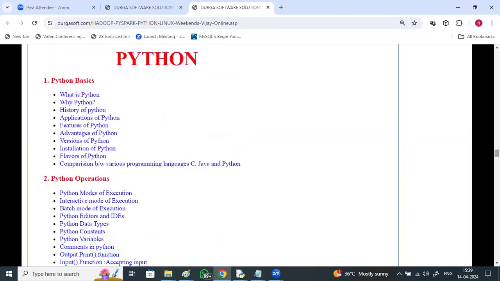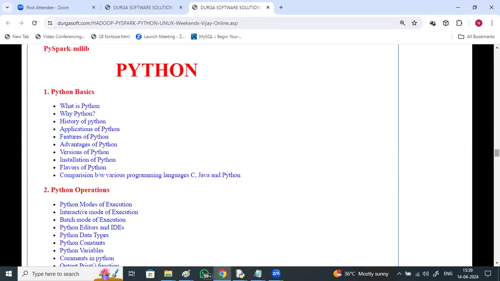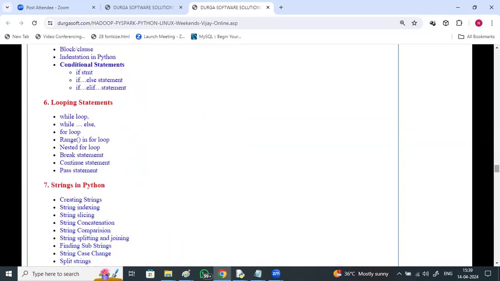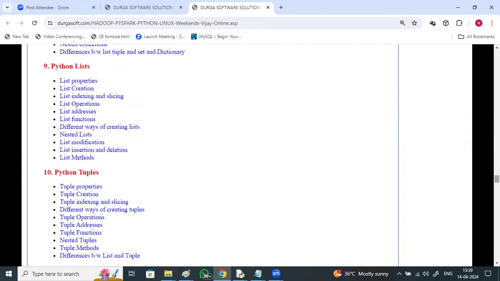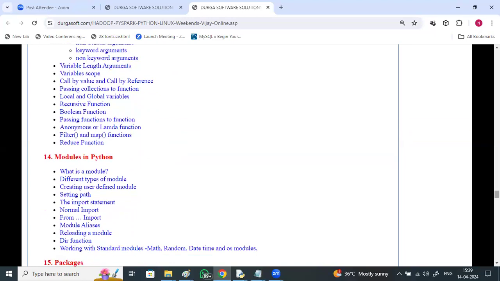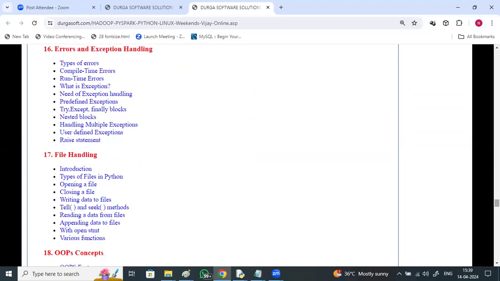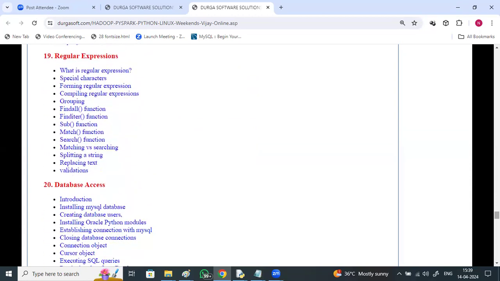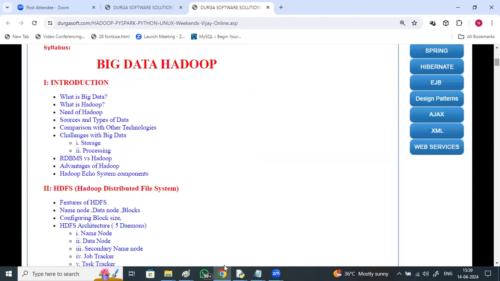And Python also will be discussed in brief and in depth: Python basics, operations, operators, IDs, flow controls, looping statements, strings, collections, lists, tuples, sets, dictionaries, functions, modules, packages, errors and exceptions, file and object-oriented programming concepts, regular expressions, database connectivity.